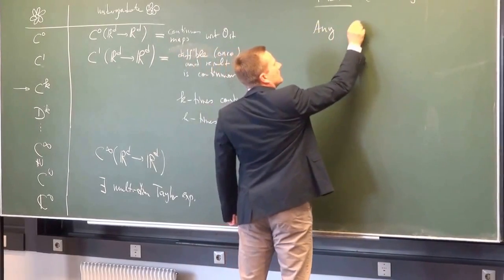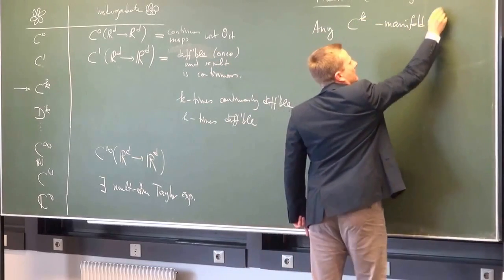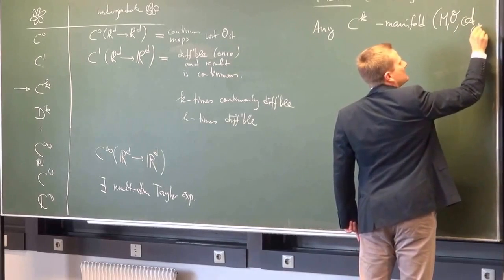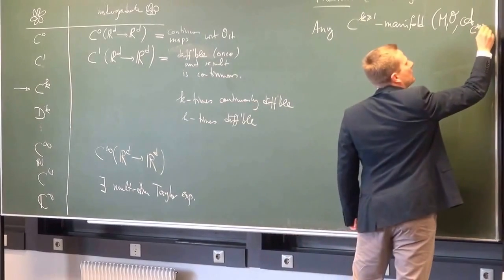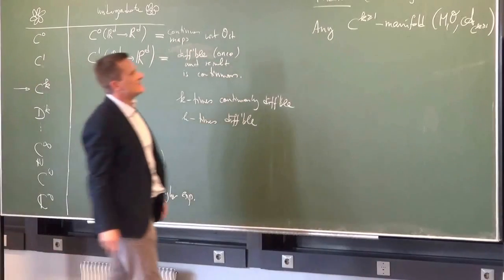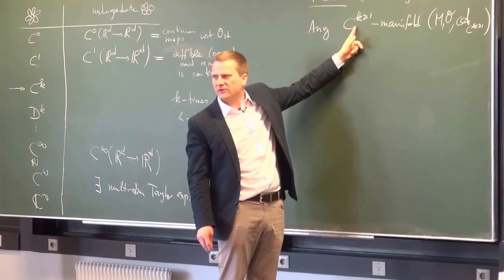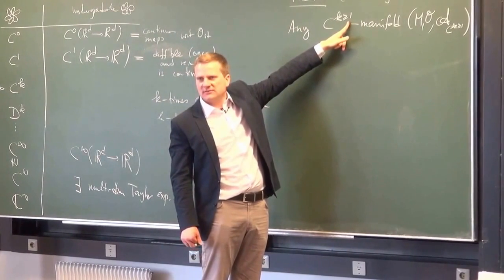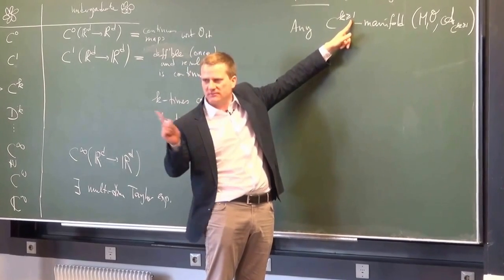Any C^k manifold, so remember, that's a topological manifold on which there exists an atlas that is C^k, but k needs to be greater or equal than 1. So it's not for a C0 manifold, of course, right? Any C^k manifold for which there exists an atlas, where you can reduce the atlas such that all the charts that remain and still constitute an atlas are at least once continuously differentiable transition maps.